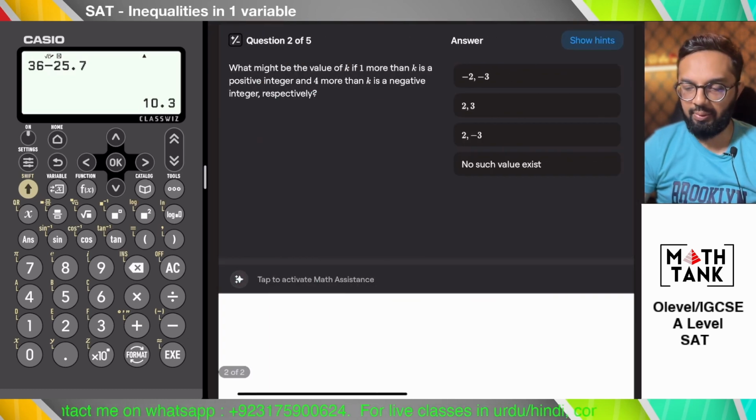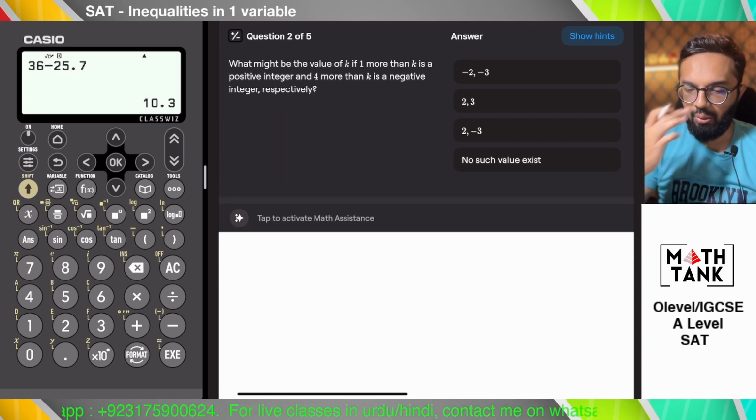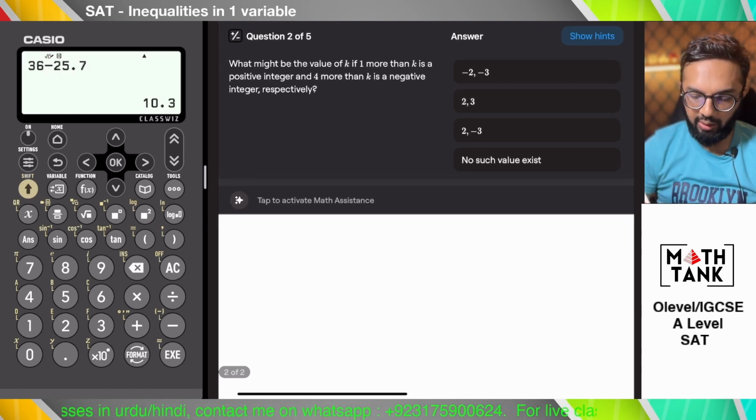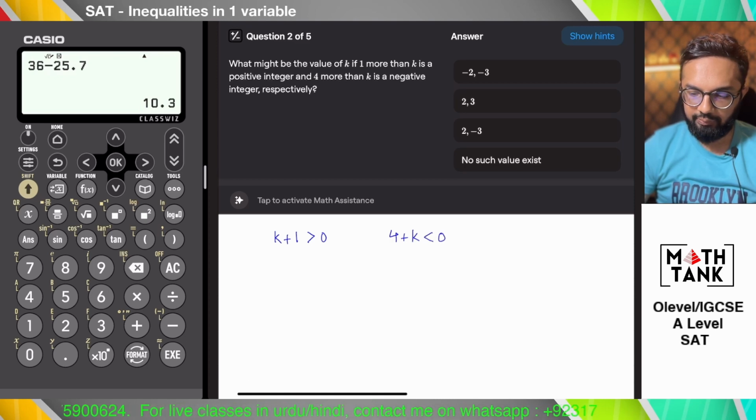Okay, moving on to the next question now. It says what might be the value of k if 1 more than k is a positive integer and 4 more than k is a negative integer. Okay, 1 more than k is a positive integer, so it is greater than 0, and 4 more than k is a negative integer.